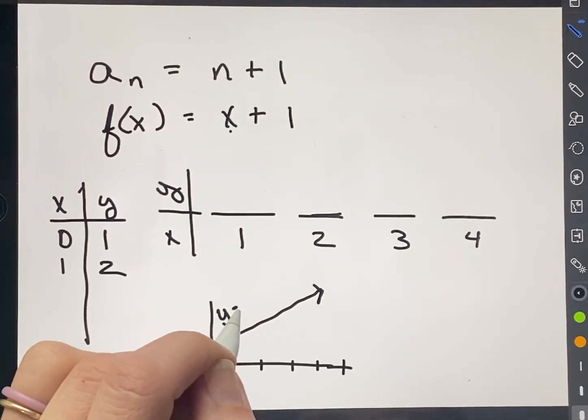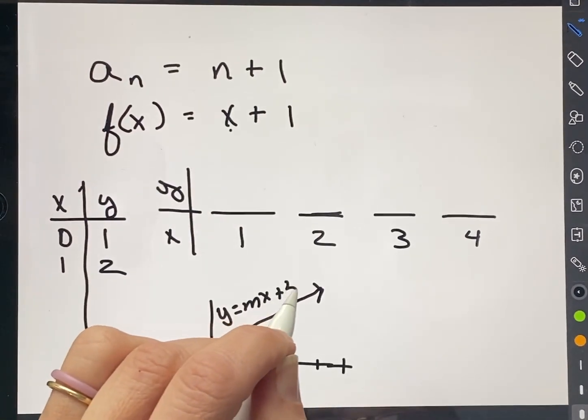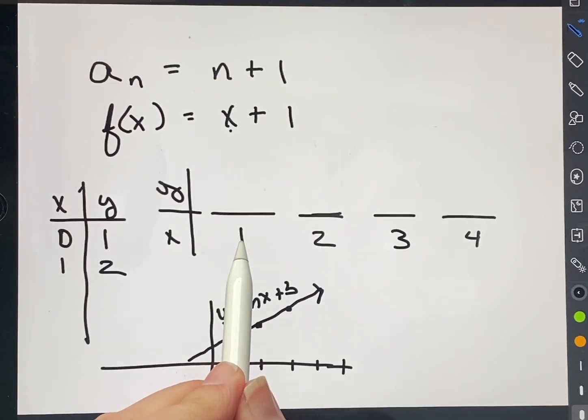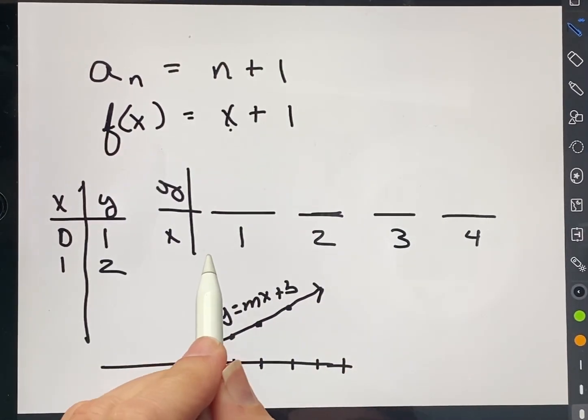And if I had a line that is y equals mx plus b, that's our standard linear equation line, we would know that if we said when x is 1, what is our y value? When x is 2, what is our y value? When x is 3, what is our y value? That is what we are finding. We are saying the first term, this is giving us a location.